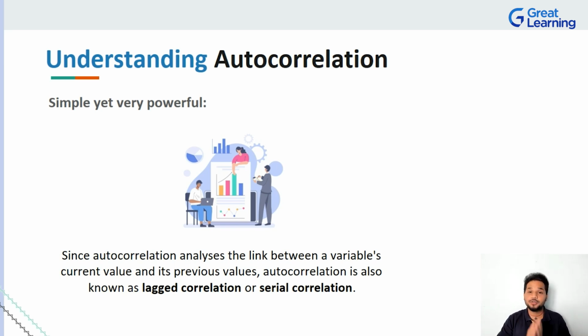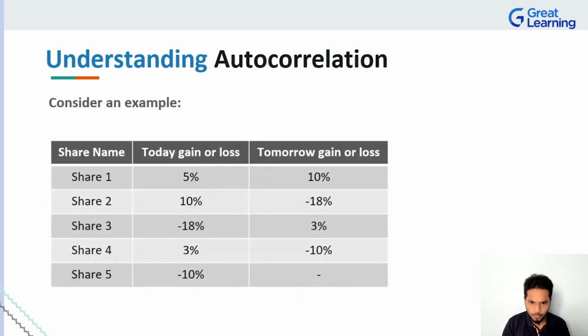That will not happen, right? You're basically taking the same entity at a different point in time and trying to figure out what goes on there. That is why, whenever you hear the term autocorrelation, lagged correlation, or serial correlation, understand that you are discussing the same thing, right? This is really important for all of you to know.